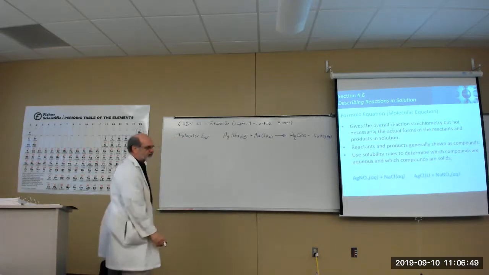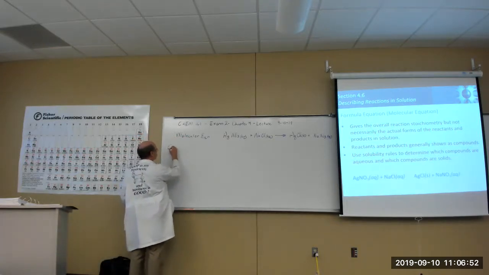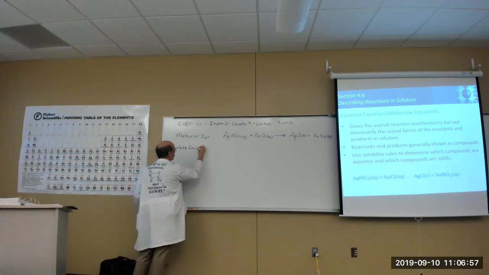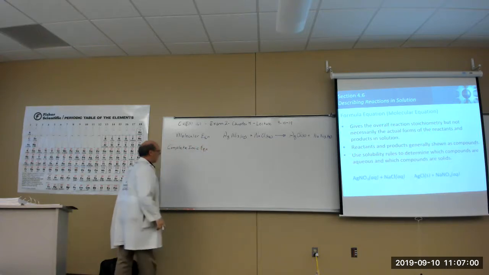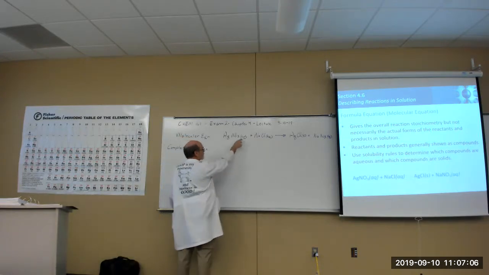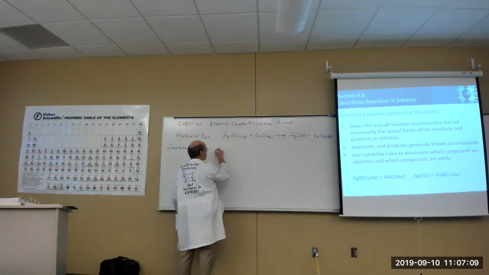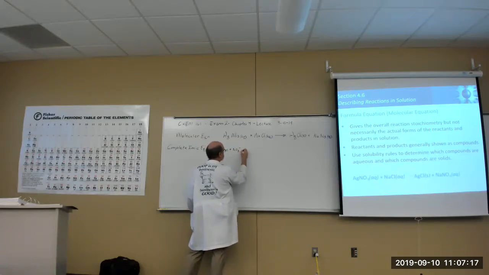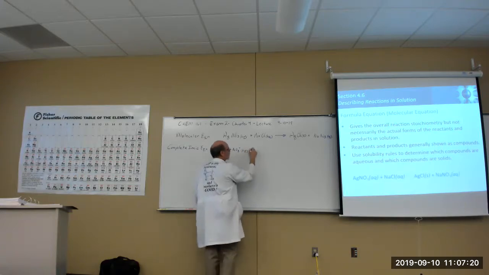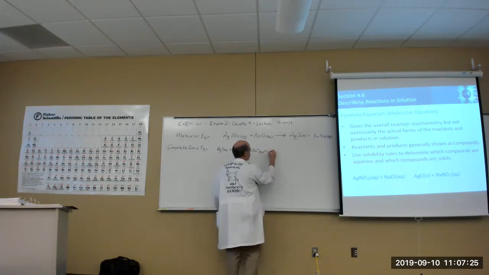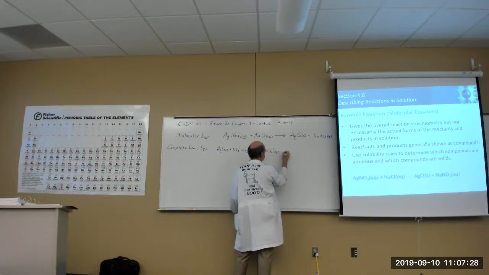But what's actually going on in solution? The complete ionic equation will show you what is happening in solution. This is soluble, so this breaks up into individual ions. Silver ion in solution plus nitrate ion in solution plus sodium ion in aqueous solution plus chloride ion in aqueous solution.